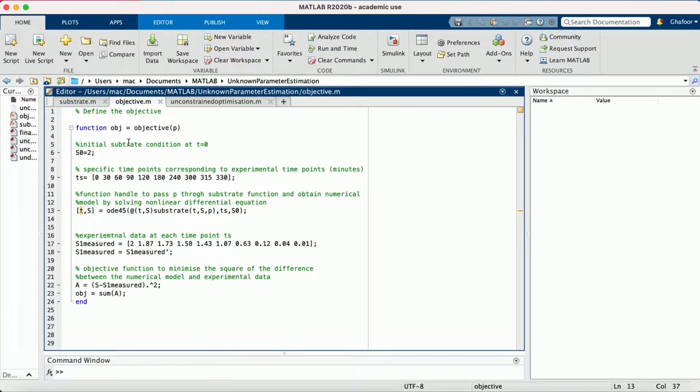We have our objective function, which has our initial condition. We have our time span, spanning from 0 to 330. And we also want our numerical model to follow this time span. Line 13 shows our built-in solver.